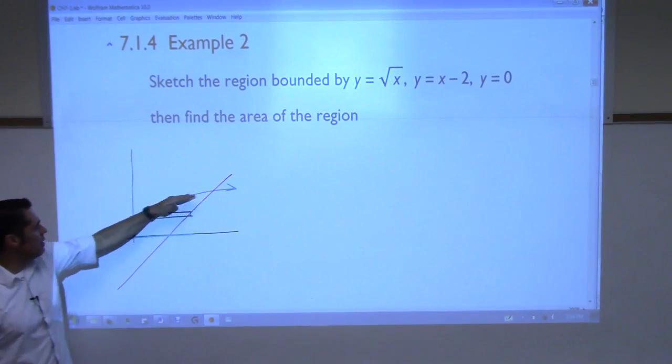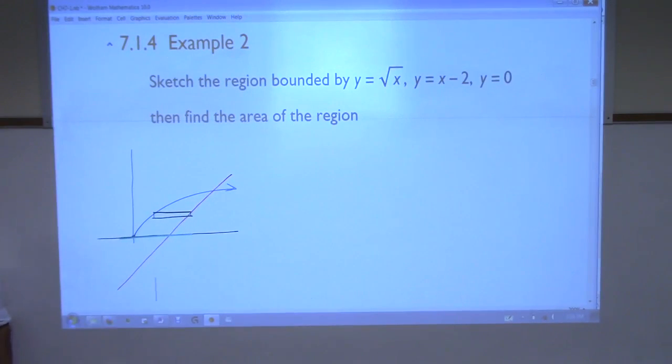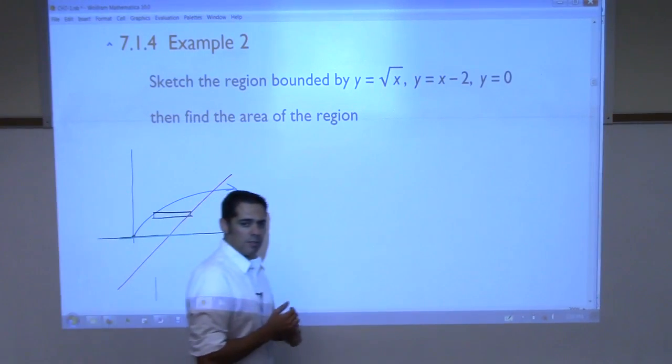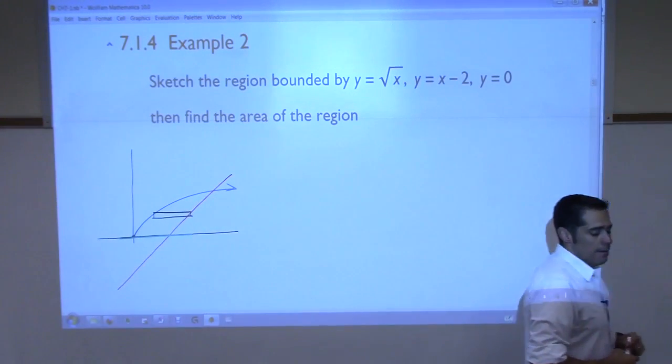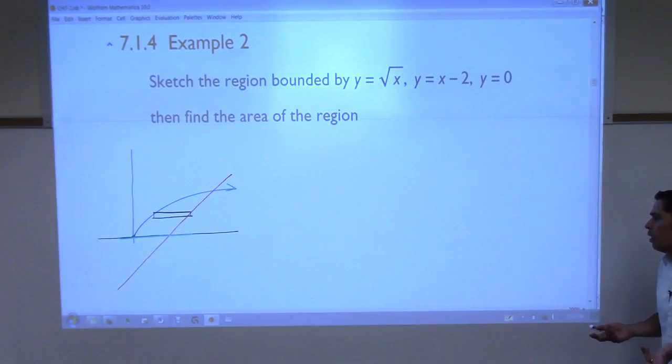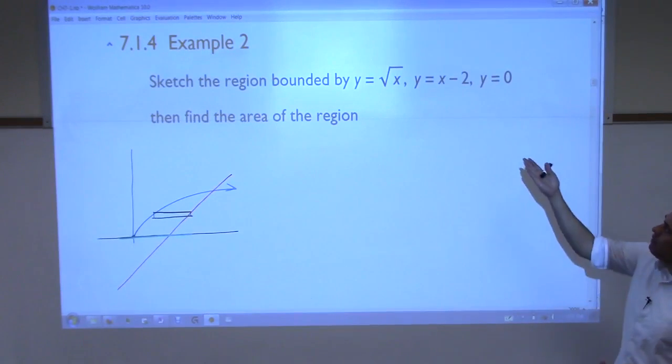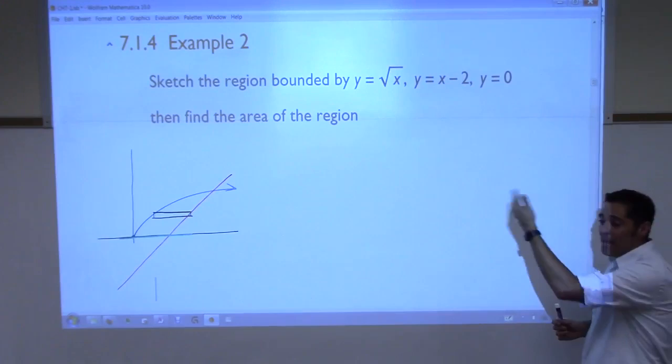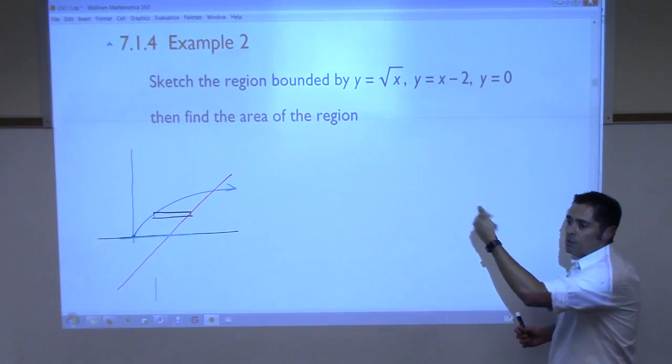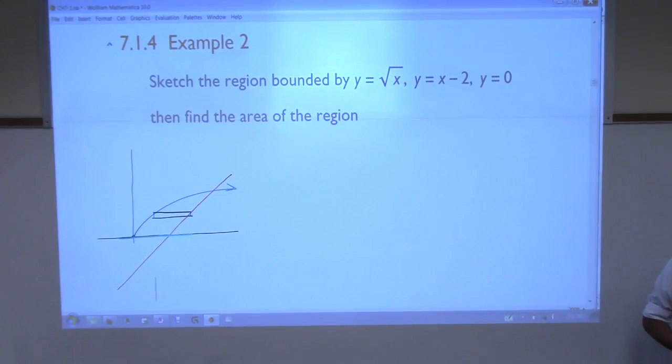And the function creating the left boundary never changes. So that, to me, is good because we don't have to break it into two integrals. The disadvantage, I guess, if there is one, is that these were functions of x to begin with, so we would need to make them functions of y.